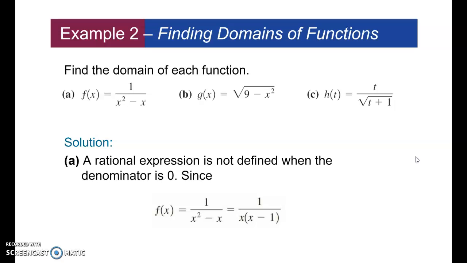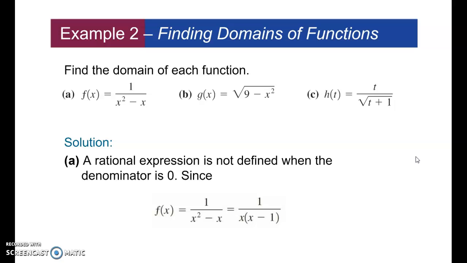If we factor that denominator, like we were reviewing in prerequisite 6, we see that the GCF is x. If you divide each of those terms by x, x squared divided by x is x, and negative x divided by x is negative 1. So that denominator factors down to x times the quantity x minus 1.